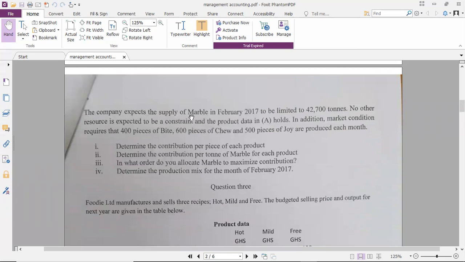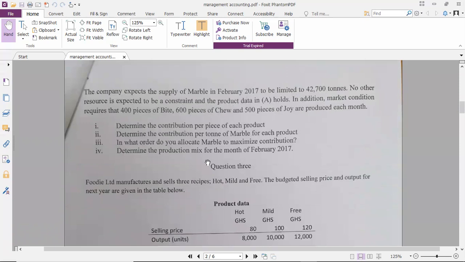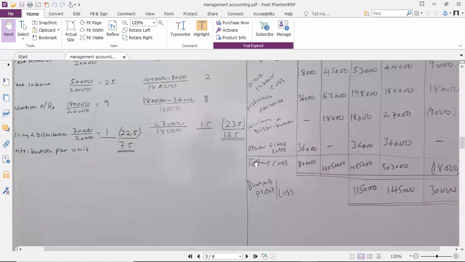The company expects the supply of marble in February to be limited to 42,700 tons. No other resource is expected to be constrained, and the product data in A holds. So they are clearly telling you that marble is a constraint. So if marble is a constraint, the production decision we are going to take should be focused on marble, because marble is what will give us problems.